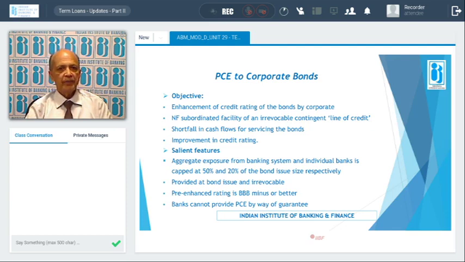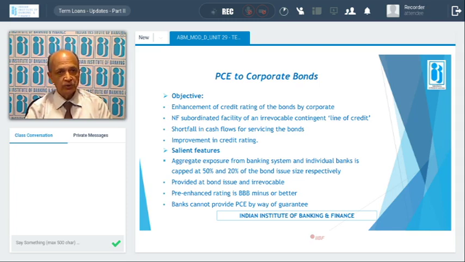The main objective of issuing this partial credit enhancement, or PCE, to corporate bonds by the bank is to improve the rating of the bond issue by the infrastructure project. Is it clear?